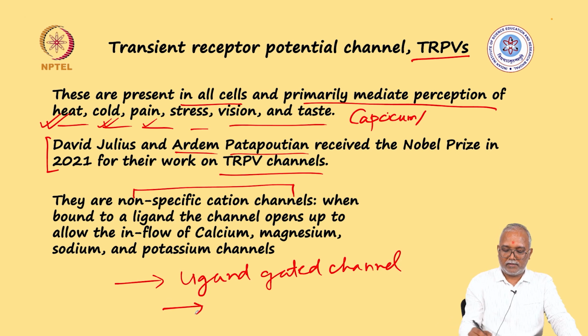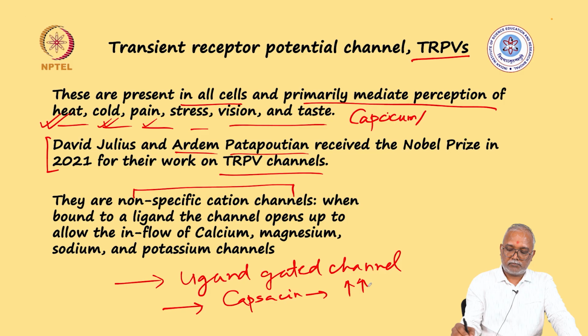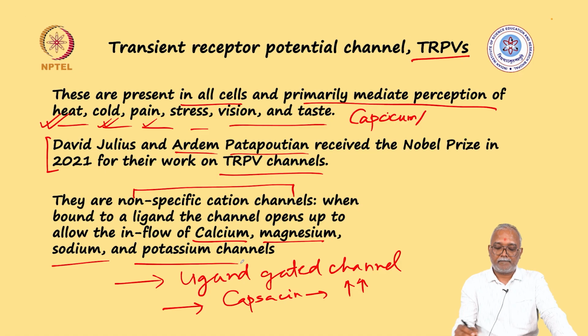You will need the ligand for them. So capsaicin, which is present in capsicum, is serving as a ligand here. These channels, when they see the presence of the ligand, open up and allow the entry of calcium, magnesium, sodium, potassium. As I said, they are non-specific cation channels.